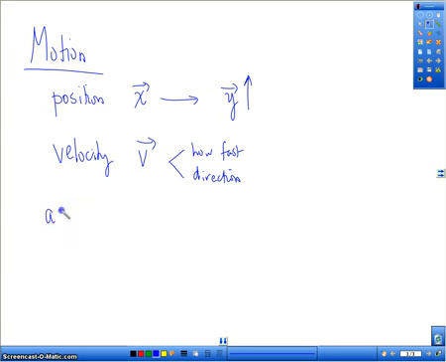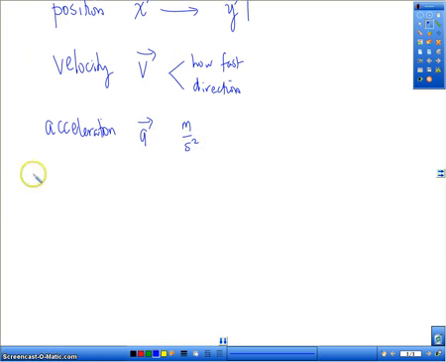The last piece of this puzzle was acceleration, the rate at which you change your velocity. The symbol we used for that was the letter A, and the units are meters per second squared. Then we had some equations that related all of these variables together, and those were called the equations of motion.